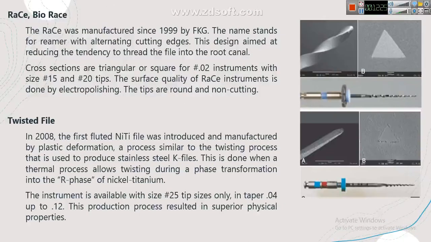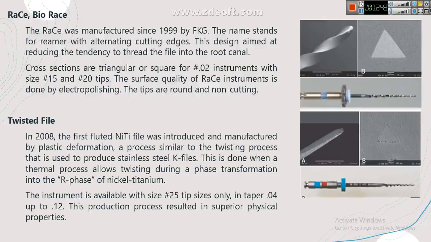RaCe BioRaCe is another type of file, manufactured since 1999 by the FKG manufacturer. The name stands for reamer with alternating cutting edges. This design aims at reducing the tendency to thread the file into the root canal system.